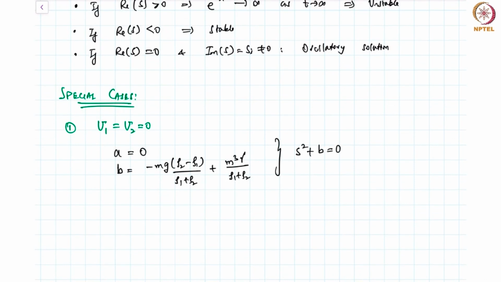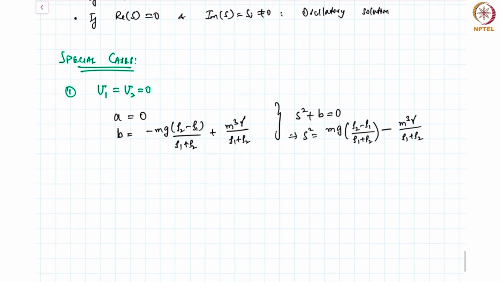That's the dispersion relation, and therefore S square essentially becomes minus B, and what is that? It's just mg of rho 2 minus rho 1 by rho 1 plus rho 2 minus m cube gamma by rho 1 plus rho 2.